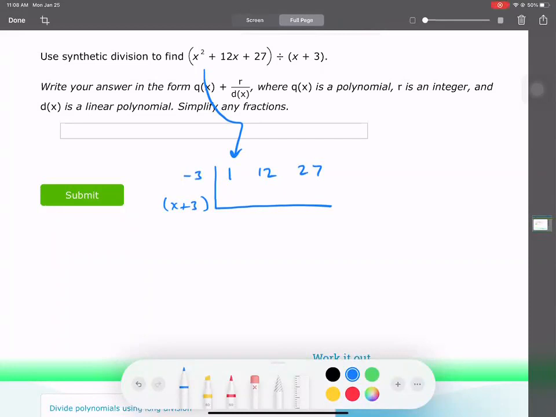Now, go ahead. I'm going to give you guys 30 seconds to finish this. Let's see if you can finish this in less than 30 seconds. I'm sorry. 3, 2, 1, go.